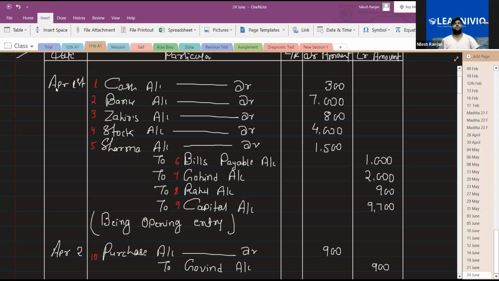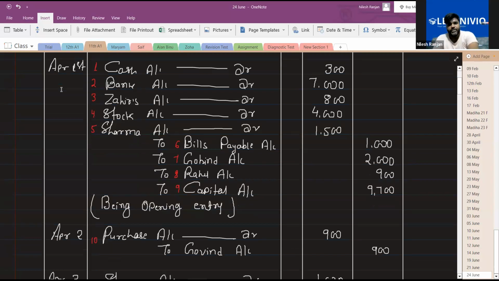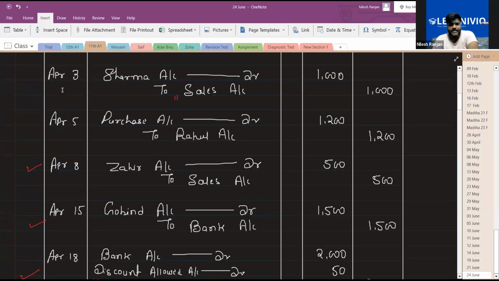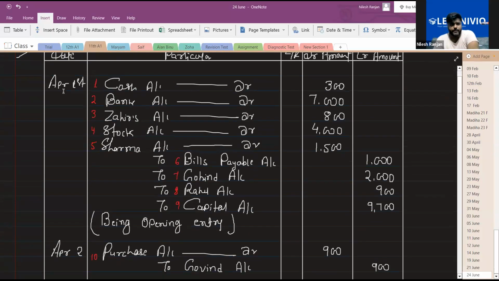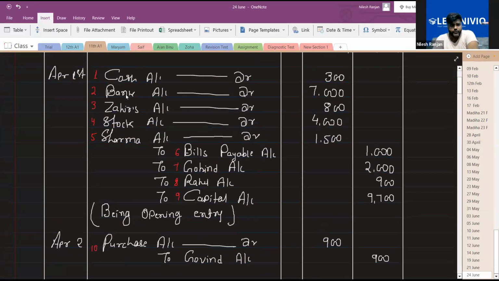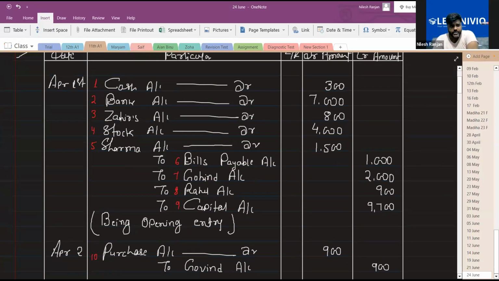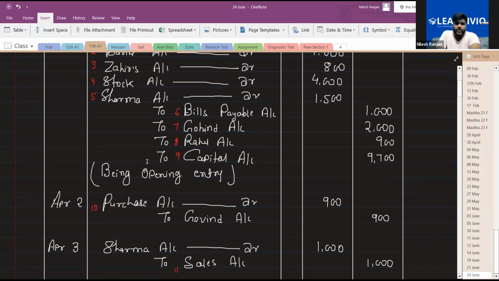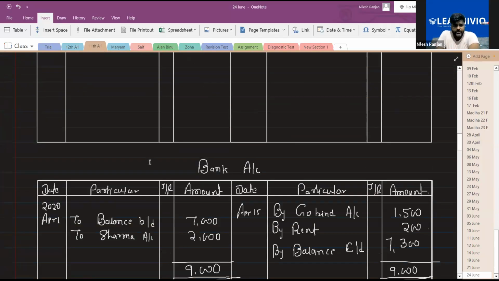Okay. So after writing all these entries, we have to write all these items in ledger also. So first we will enter these items: cash, bank, Zahir, stock, Sharma. How many accounts have I created?